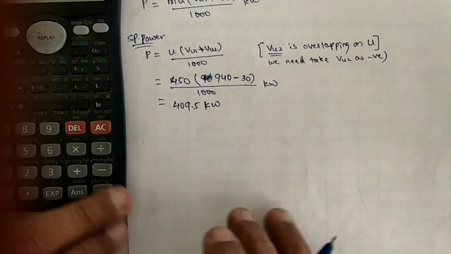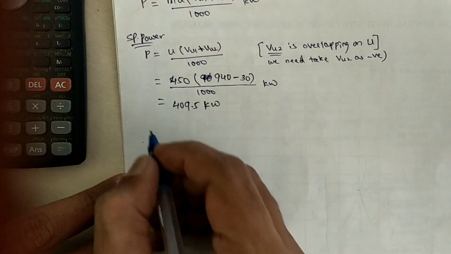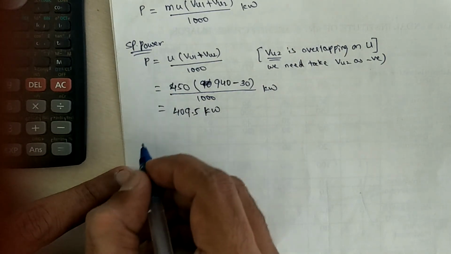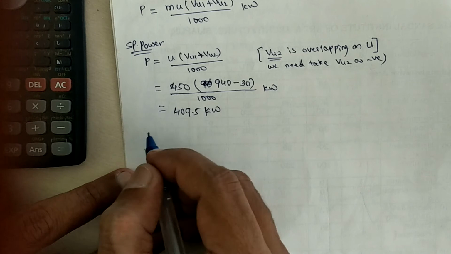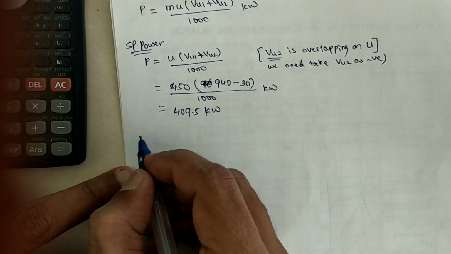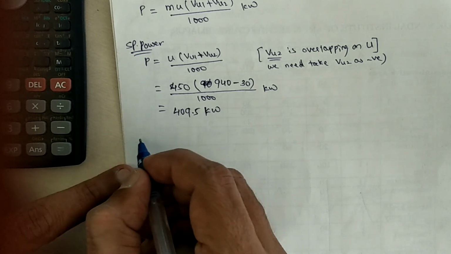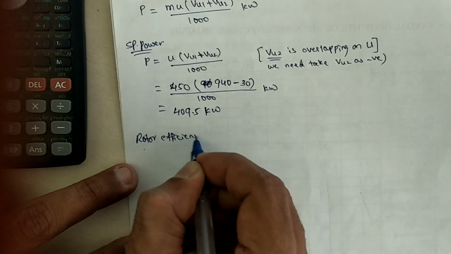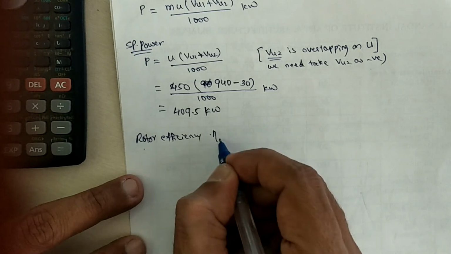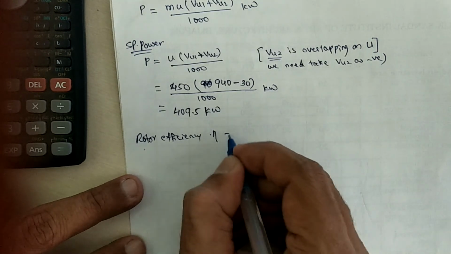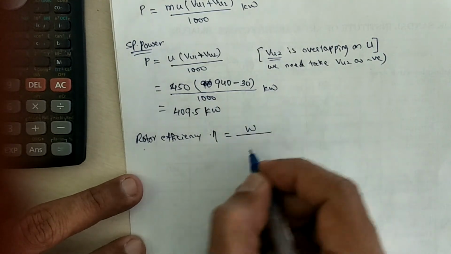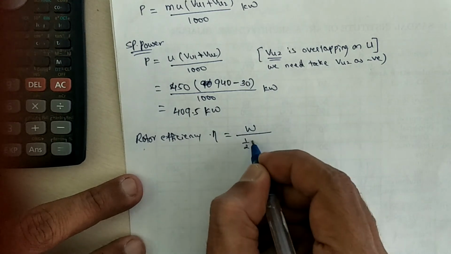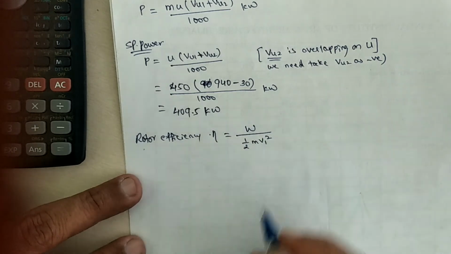Okay, now we need to calculate rotor efficiency. Rotor efficiency is nothing but the stage efficiency; rotor efficiency and stage efficiency are the same. It is given by work done divided by energy supplied, that is half m V1 square.